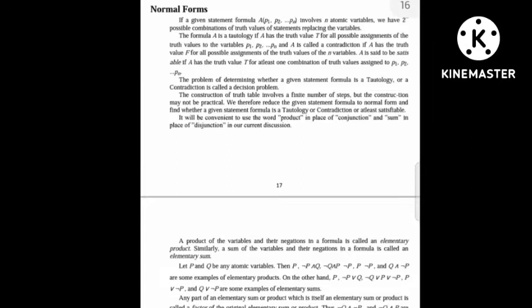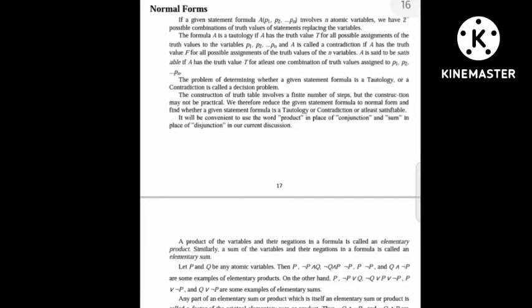A product of the variables and their negations in a formula is called an elementary product. Similarly, a sum of the variables and their negations in a formula is called an elementary sum. Let P and Q be any atomic variables.